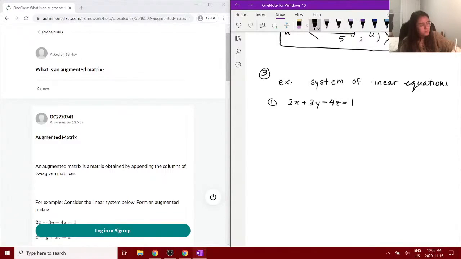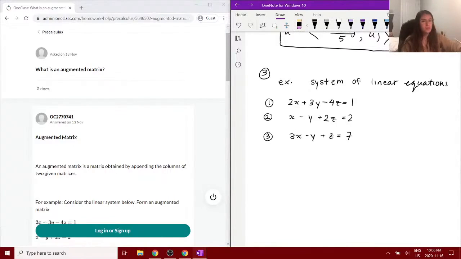So this is the first equation that we're given. The second equation is x minus y plus 2z is equal to 2. And our third equation is 3x minus y plus z is equal to 7. So in total, this creates a system of linear equations because each one of these is a linear equation.